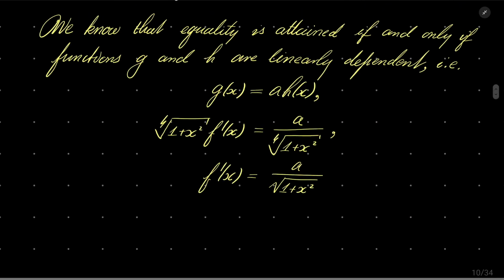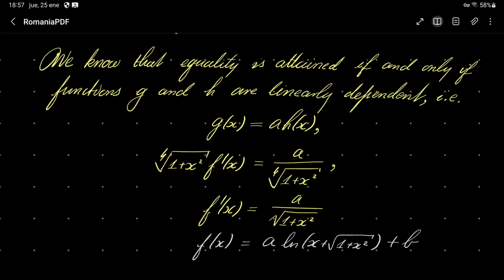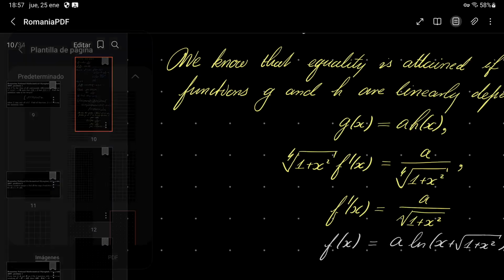So f of x equals a times natural log of x plus the square root of 1 plus x squared, but remember, plus some constant b, because if two functions differ by a constant, they still have the same derivative. Okay. Now, what are the values of a and b? Well, I need a new page, so give me a minute. Perfect.